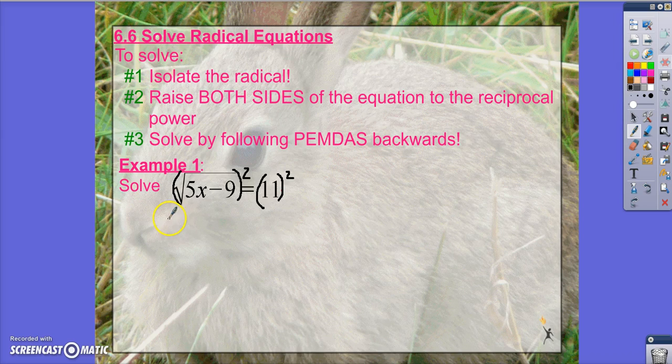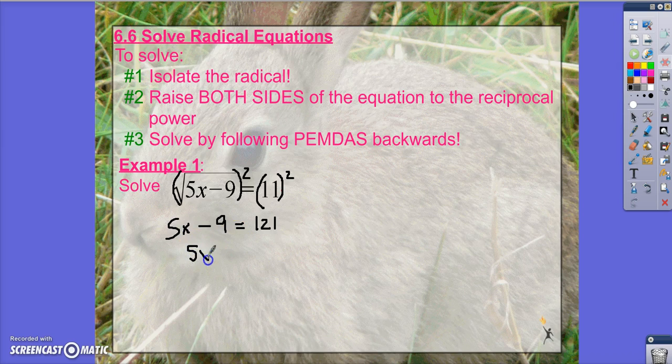When I square it, the square root and square go away. I have 5x minus 9 equals 121. Now just so you know, you don't have to worry about a plus minus. It's only when you take a square root. We are squaring it, so there's only going to be one solution for this one in particular.